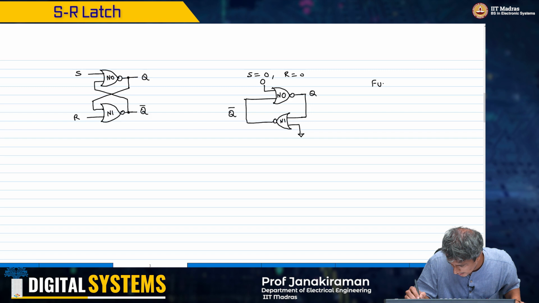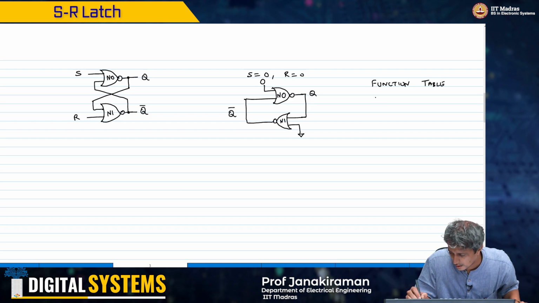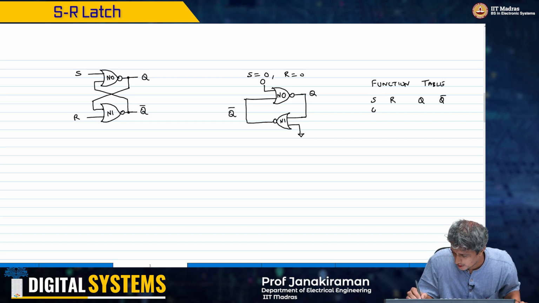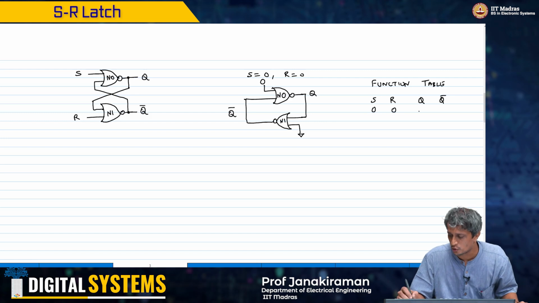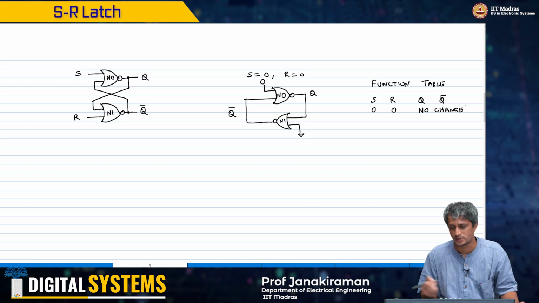Therefore if I go ahead and write the function table, you will simply start with S, R, Q, Q bar. If I do 0 0, I am going to say this is the no change state.